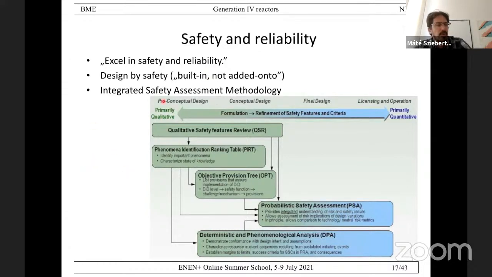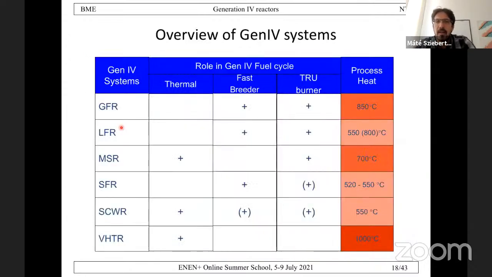So this new approach is supposed to guarantee that these reactor types will also excel in safety and reliability.